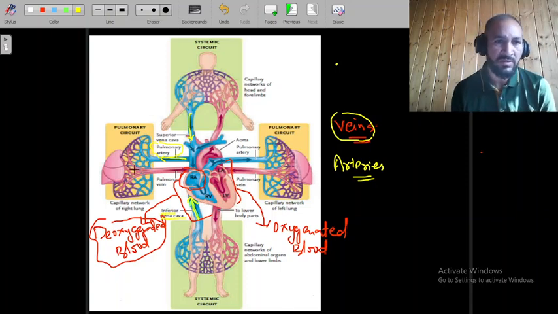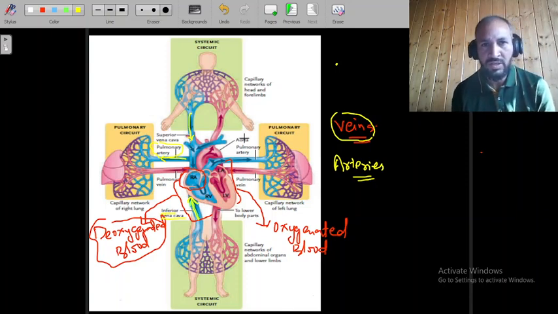Now, once it picks up oxygen from the lungs, it's brought back to the heart. It doesn't go to your body from there. No, it's brought back to the heart. It's not brought to the right part of your heart. It comes to the left half of your heart, to the left auricle. And what brings it to the left auricle?